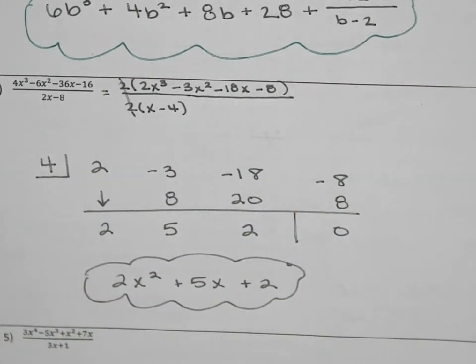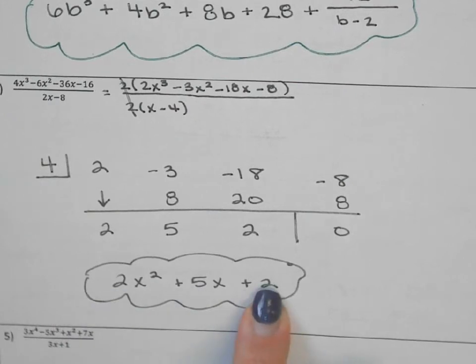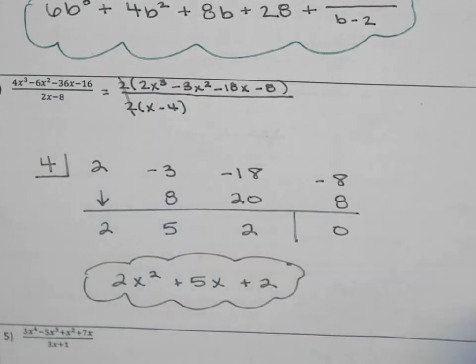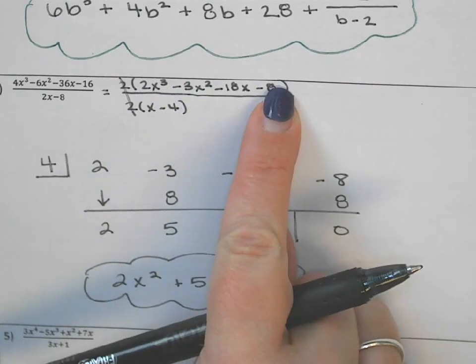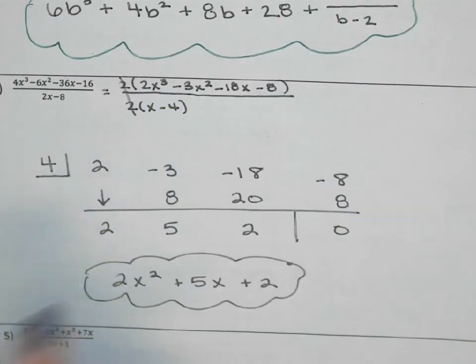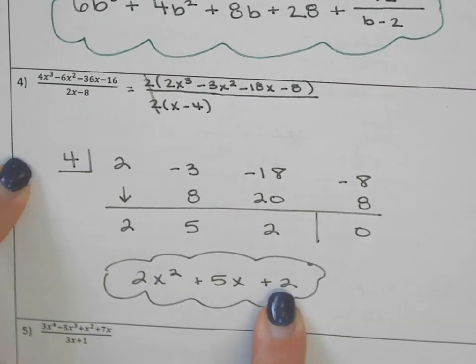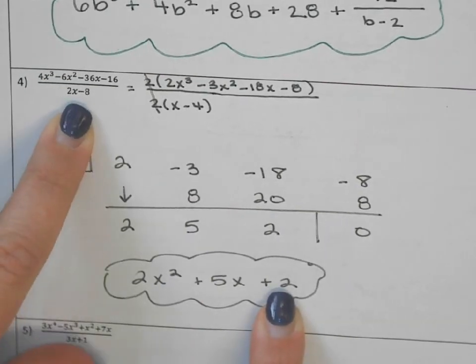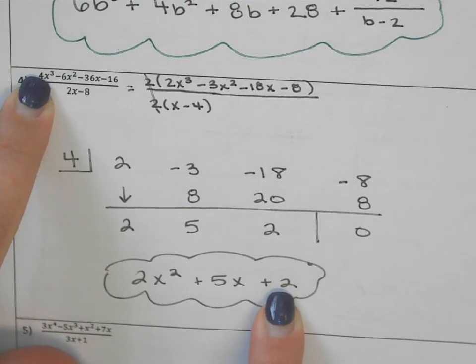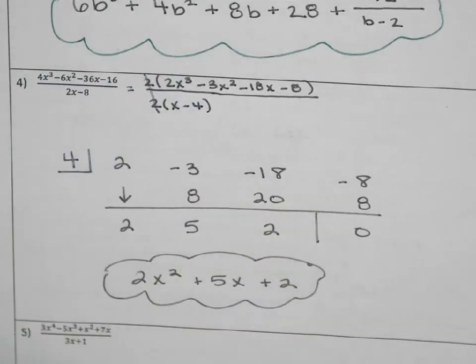Yes? So when you do check, do you check it with the x minus 4, or do you check it with... Yes, you would take this times the x minus 4, and then it would have to equal the top. Or if you did it this times the 2x minus 8, it would have to equal this top. You can do it either way, as long as it's one or the other. Yep, so focus on one or the other, not a mix of both. Okay. Does that make sense?